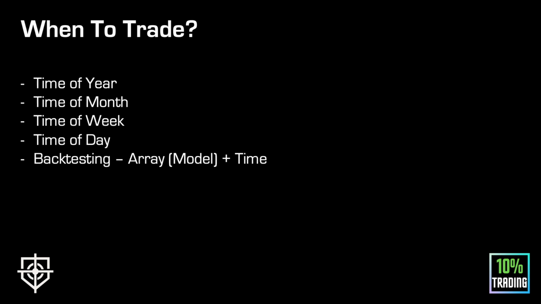Everything that's in this video can be tested, and this is how I would go about it. Step one would be to make a spreadsheet. Let's say you have a model in mind, right? You're going to build a set of criteria first. What's our criteria going to be? What days do we want to trade? What sessions do we want to trade? These types of things to start with.